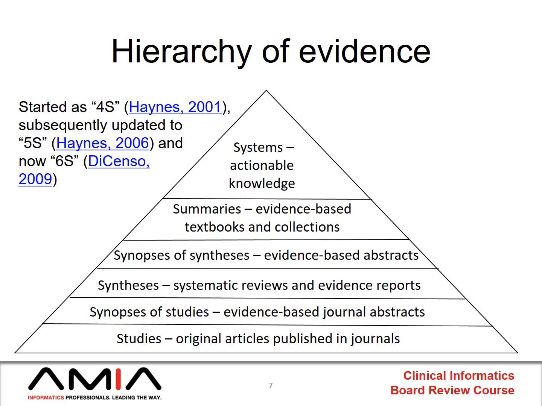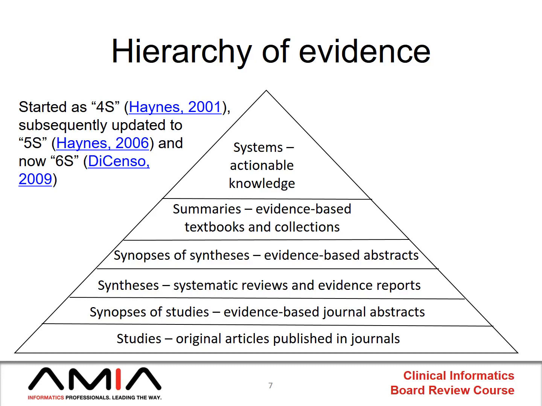Sometimes we read about these studies in synopses of these studies. So there are evidence-based journal abstracts that are published that provide a synopsis of the original study. When there are many original studies, we need to synthesize them so that we take into account all of their evidence.